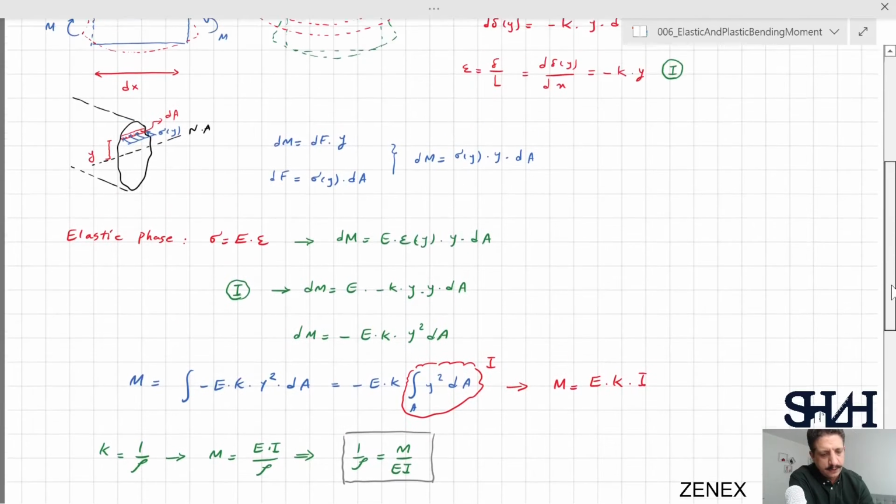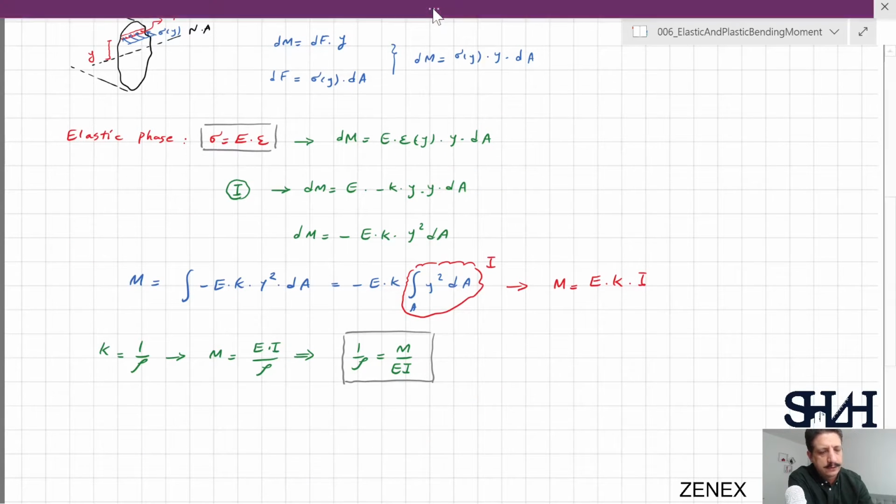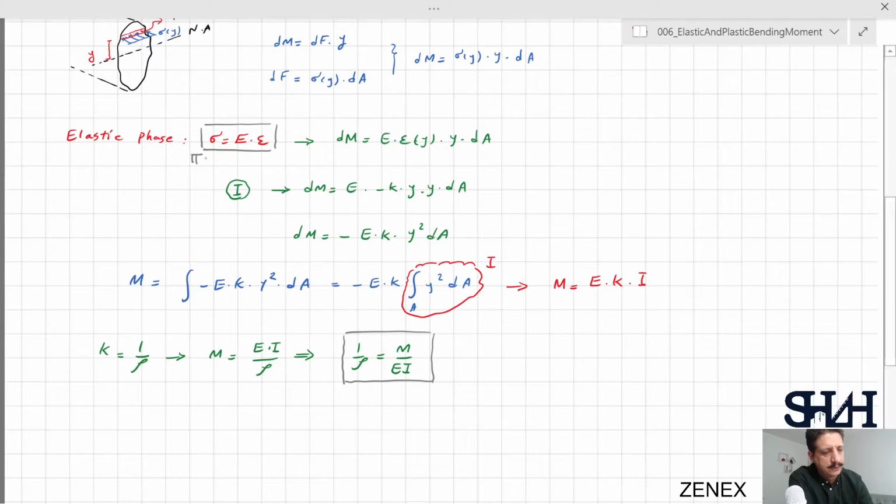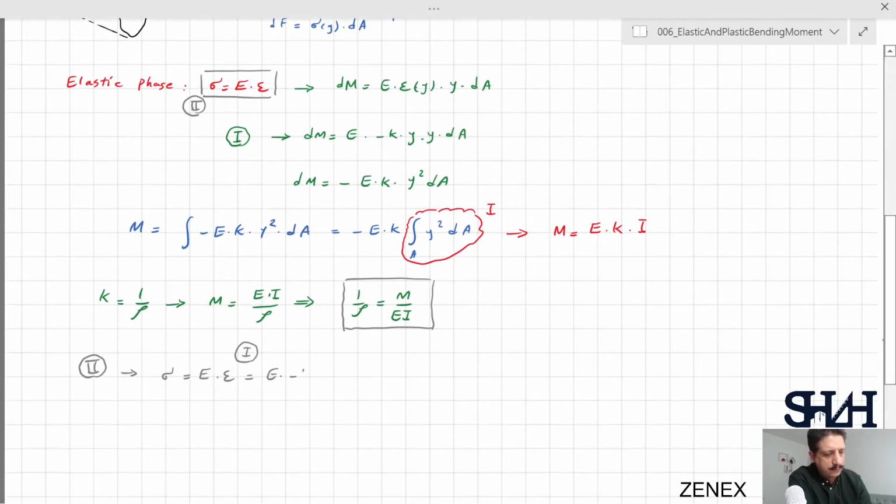Now again, by recalling sigma equals E epsilon, let's name this equation 2. Sigma is E times epsilon. And epsilon, by using equation 1, can be written as minus kappa y. So it will be minus kappa times E times y. And kappa is 1 over rho, so it will be 1 over rho E times y.